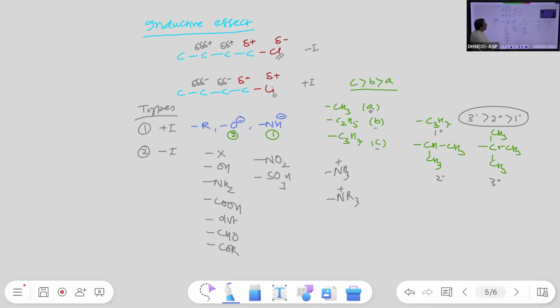Quickly note this down. Take 1 minute, quickly note down. NR3, that is tri, R means alkyl.